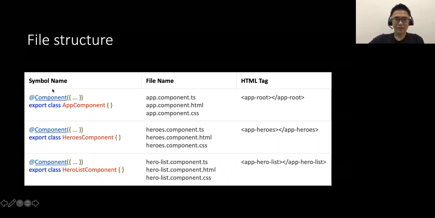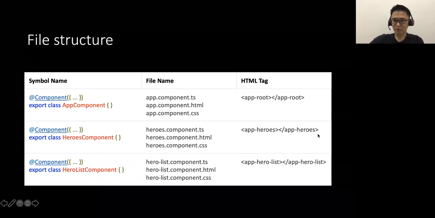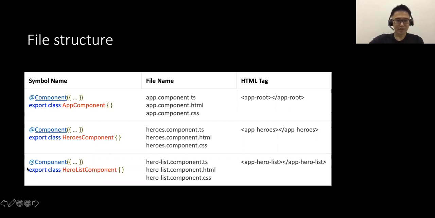So the symbol and the class name will be like this. If your component name is heroes, your component file will be heroes.component.ts and so forth, your class name will be HeroesComponent, and your HTML tag will be app-heroes. This is where you put the component inside the web page.